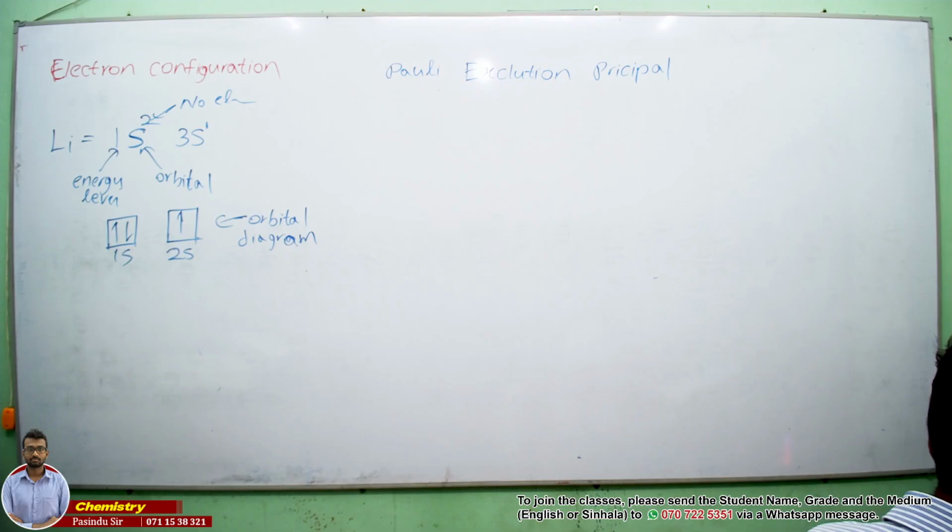This indicates that an orbital can hold a maximum of two electrons.